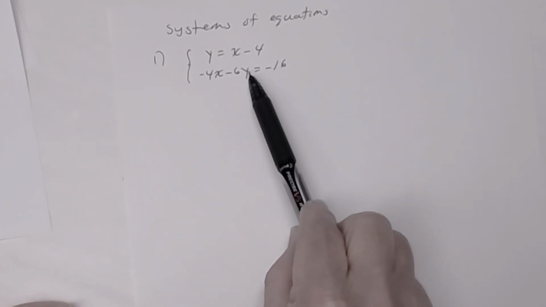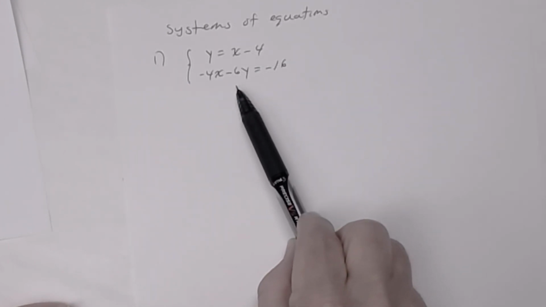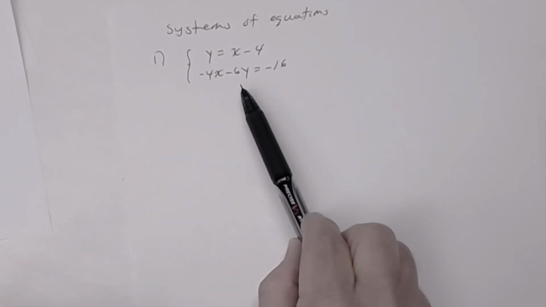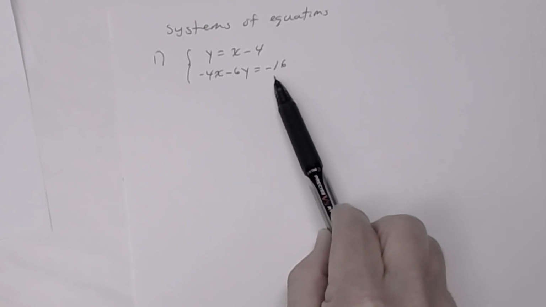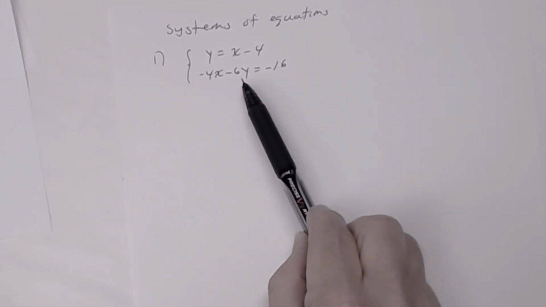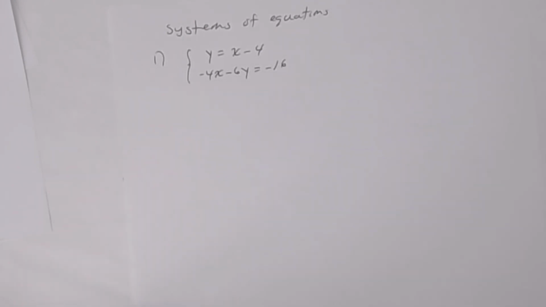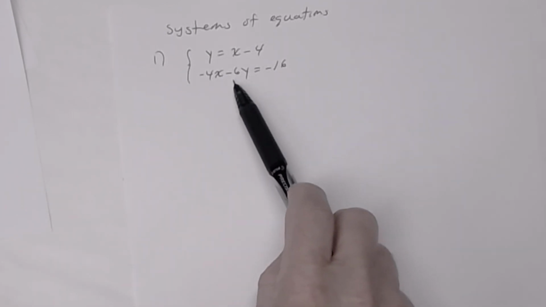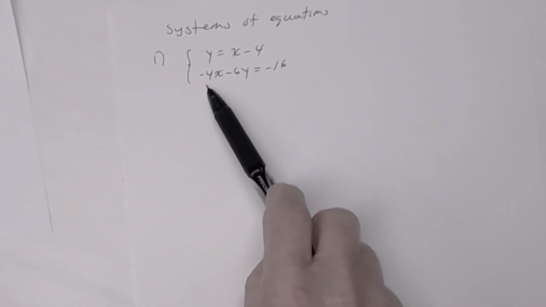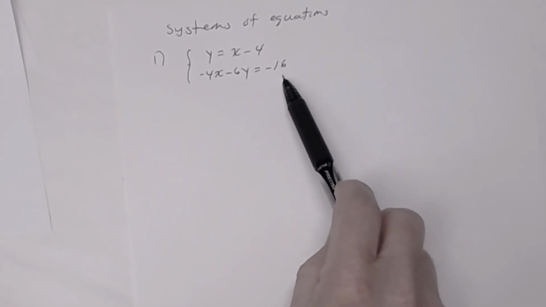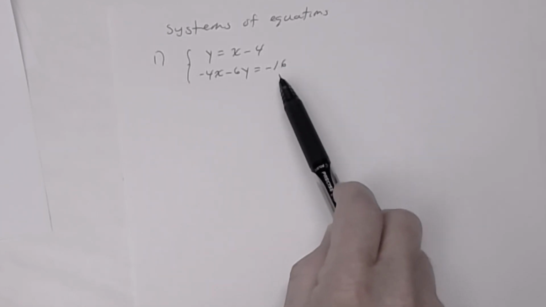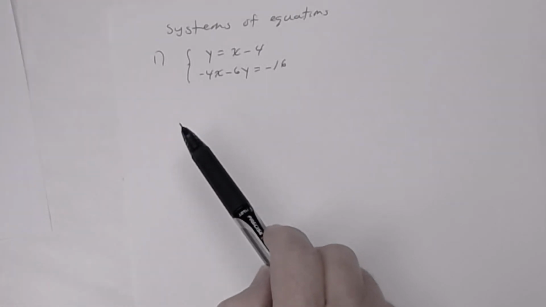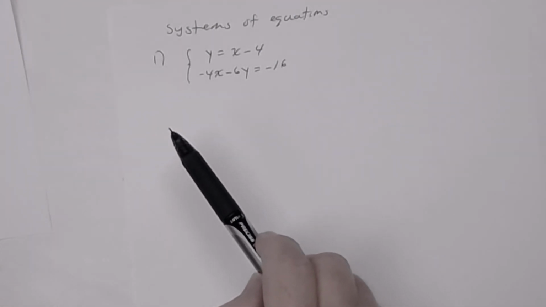By doing that, I would have a fraction, because -6 divided by -4 is a rational number, not an integer. So solving for x would not help. Solving for y would not help either, because -16 divided by -6 is also a rational number. I'm not going to get an integer.